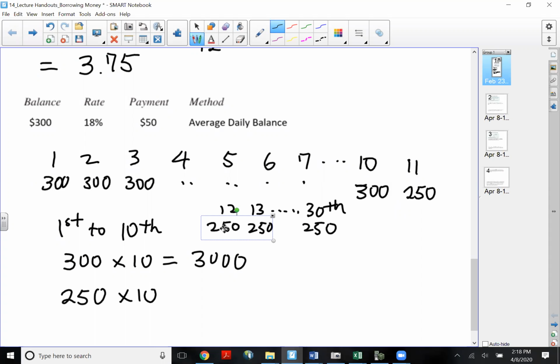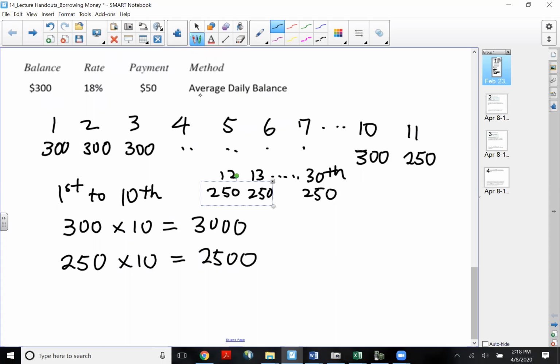If I add 250, 20 different times, that's 2,500. Remember, average means add them all up and divide by how many we added. So my total for the 30 days is 5,500.